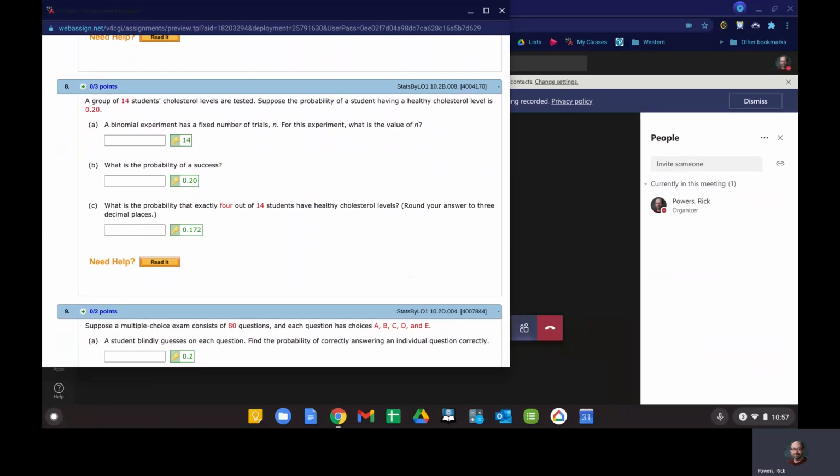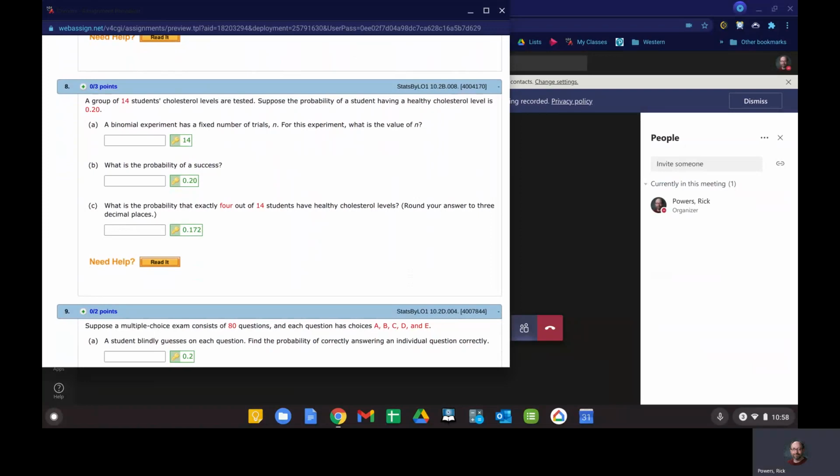So what is the real question here? The real question is, what do we expect to happen in this group of 14 students? How many of them do we expect to have healthy cholesterol levels?